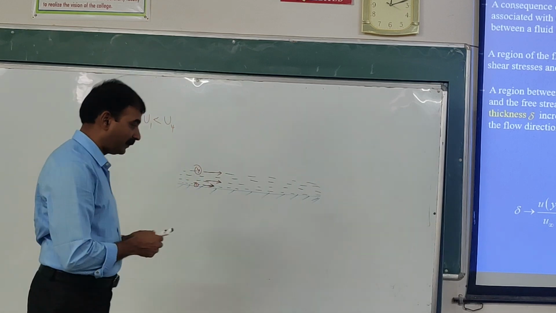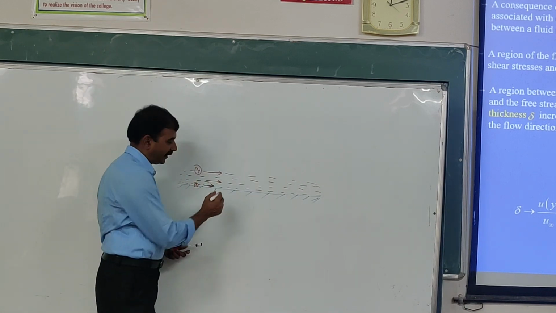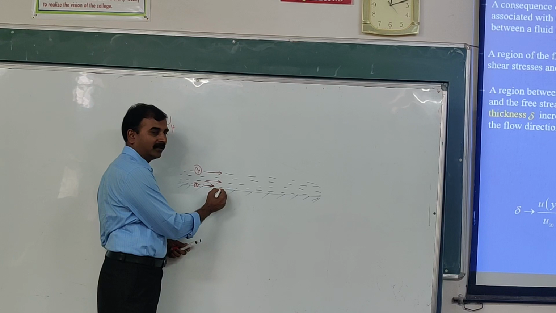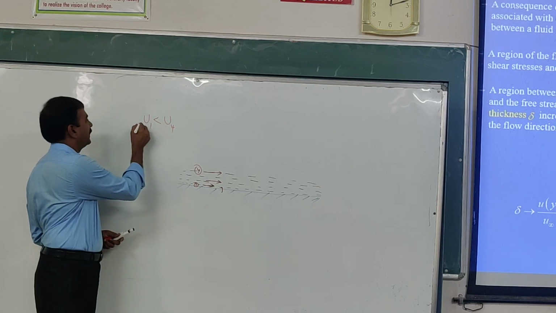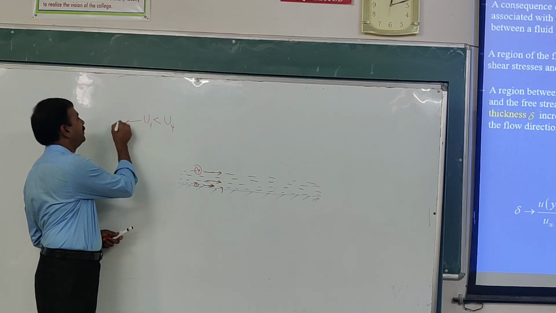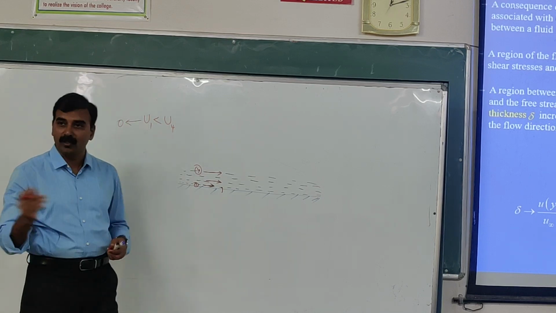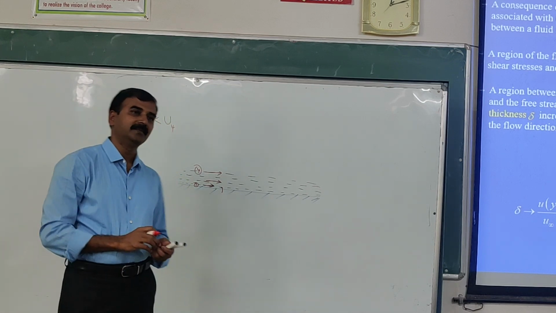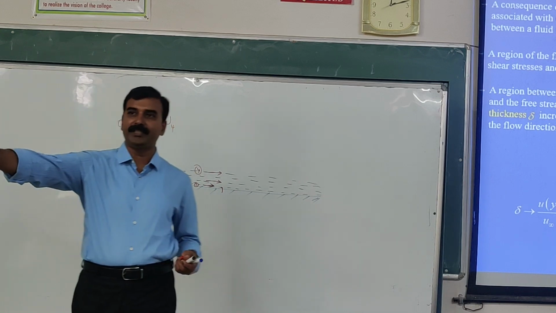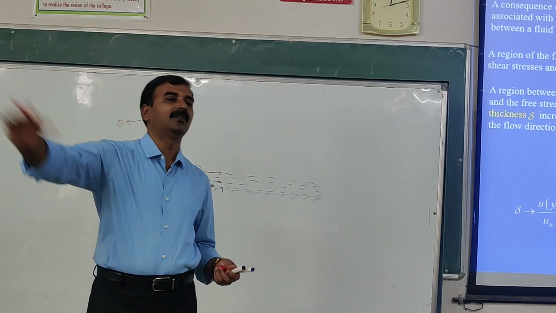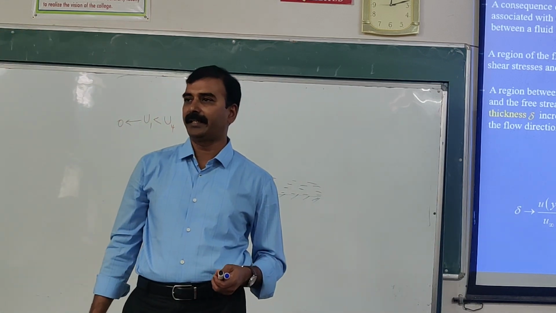Theoretically, the first layer that is coming in contact with this surface will have a zero velocity. Theoretically, I can say it tends to be zero, if not equal to zero. It's almost zero. And as you move up, the velocity increases. So the top layer that you see from outside is moving at the fastest rate.